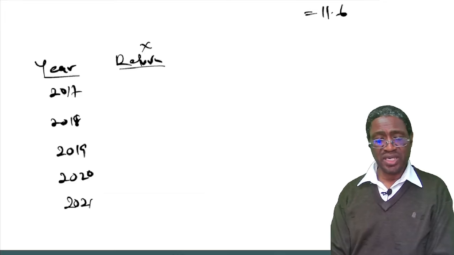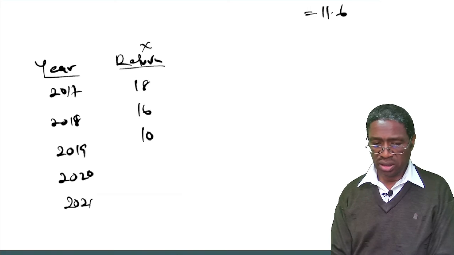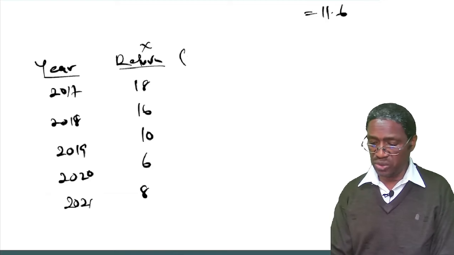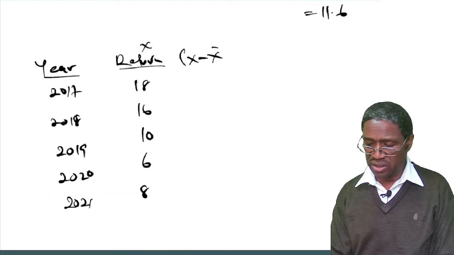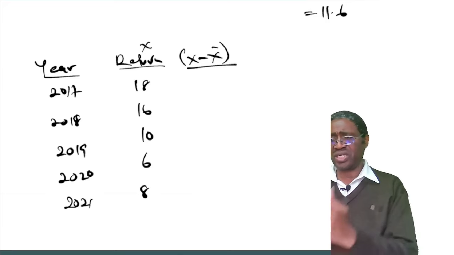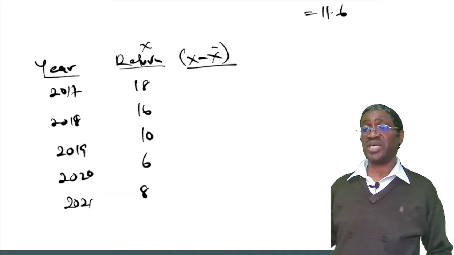We were given the returns. Let me just copy them again. 18, 16, 10, 6, and 8. Now we want to get the deviations from the mean, X minus X bar. Our mean is 11.6.